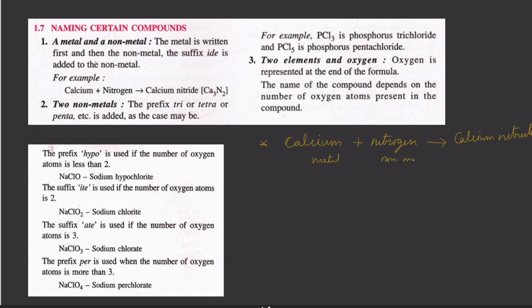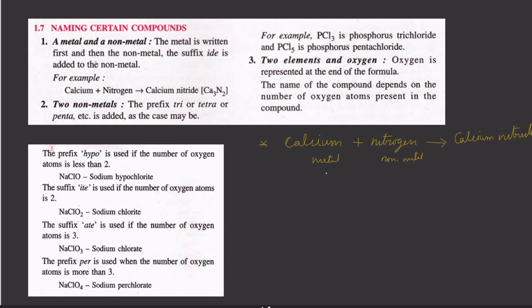When a metal and a non-metal react, first we have to write the name of the metal followed by the non-metal, and the non-metal should end with the suffix IDE. We will not write calcium nitrogen; instead of OGEN, we will replace it with the suffix IDE.